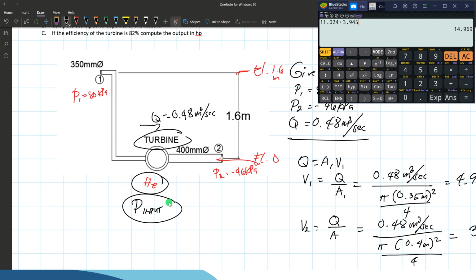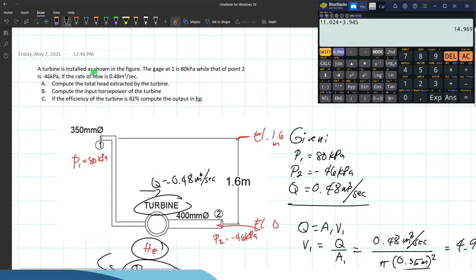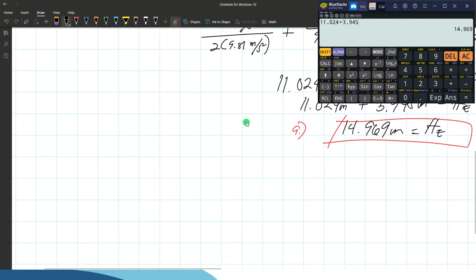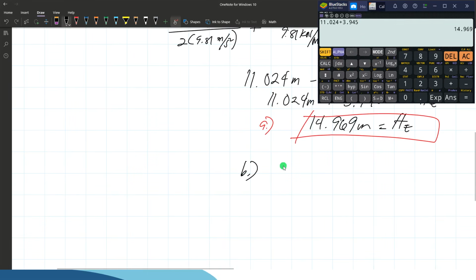Unlike in pumps, where we use the equivalent head of the pump as your power output, here in the turbine, the computed head for the turbine is used in computing your power input. So the equivalent horsepower of the turbine is power equals Q gamma HT. So we will use this head.